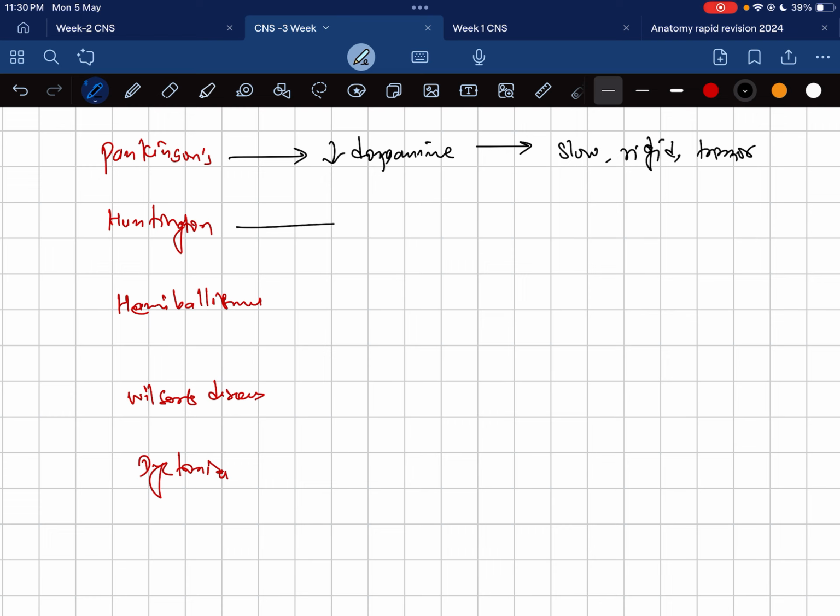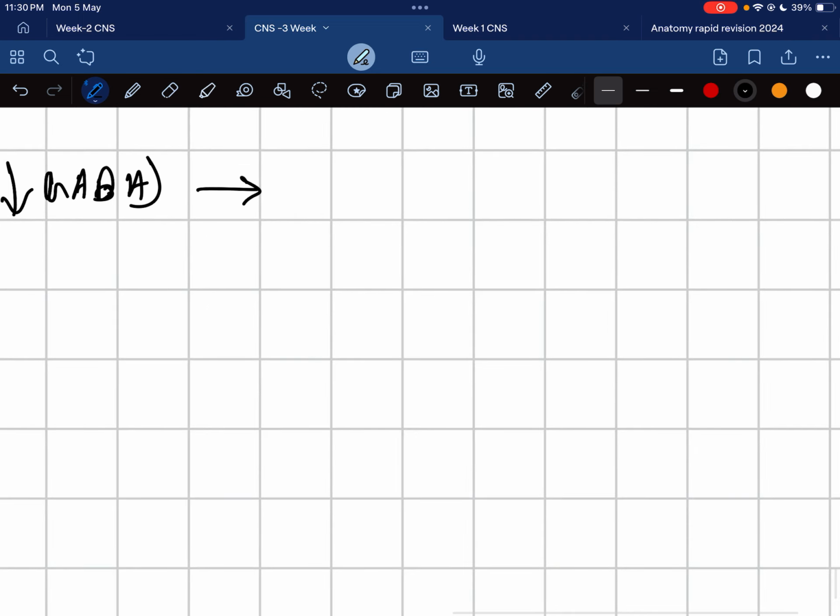In Huntington's there is damage of the caudate nucleus, and there is less GABA, which works as an inhibitor. So there is not proper movement. There is jerky and also dance-like movement.